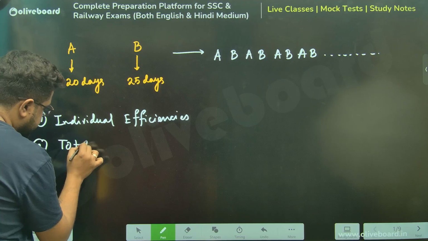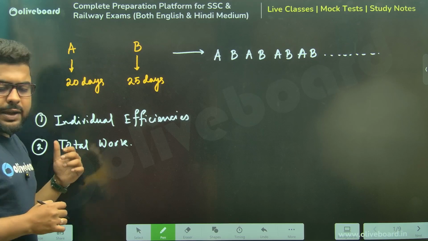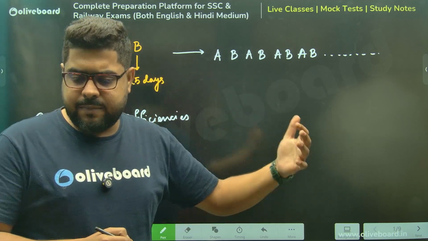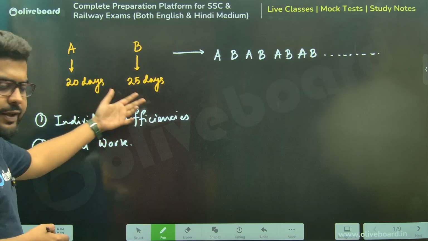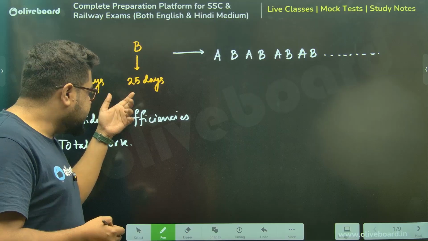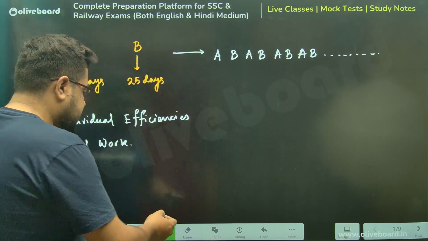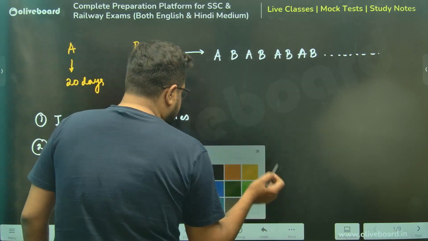Now, if you are more accustomed to the LCM method, you will find the total work first, then the efficiencies. I like to go by the ratios, so in that case I'll find the efficiencies first, then the total work. Both are fine.